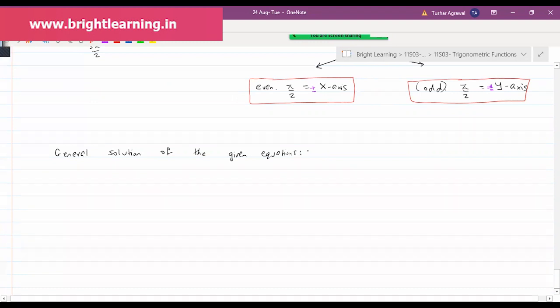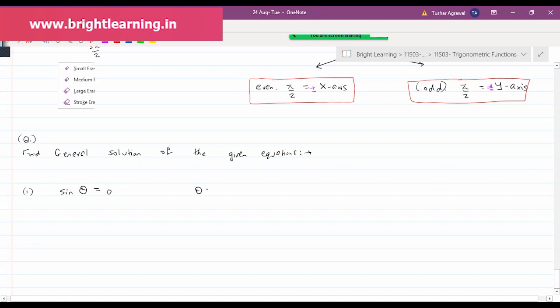Now these questions are rapid fire questions. Think on your feet. Find general solutions of the given equations. First, sin x is equal to 0, or let me not write x, write theta, you will confuse x with x. Sin theta is equal to 0.